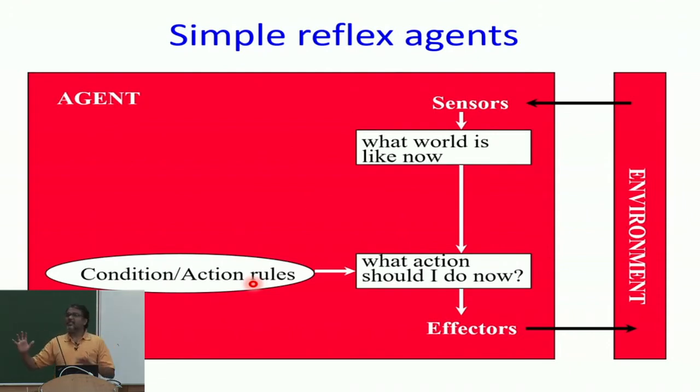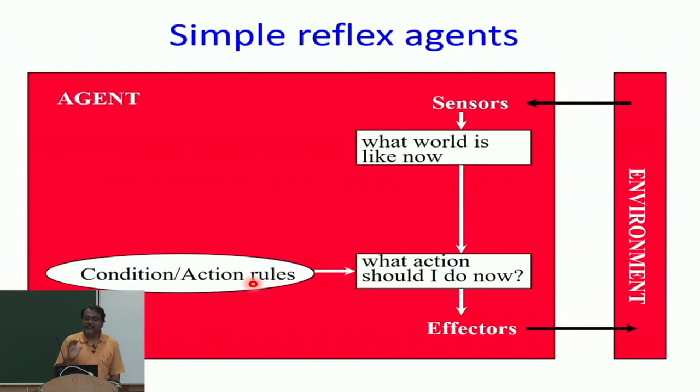We are not concerned about whether I am making khichdi or roti. I do not care whether it is on a gas stove or a hot plate. There are many things I do not care for. I only care for this one condition: if it is hot, I take the action, remove the hand.